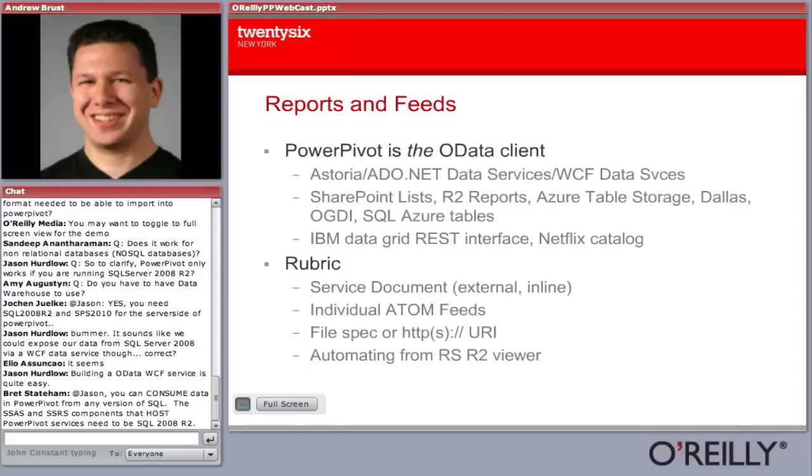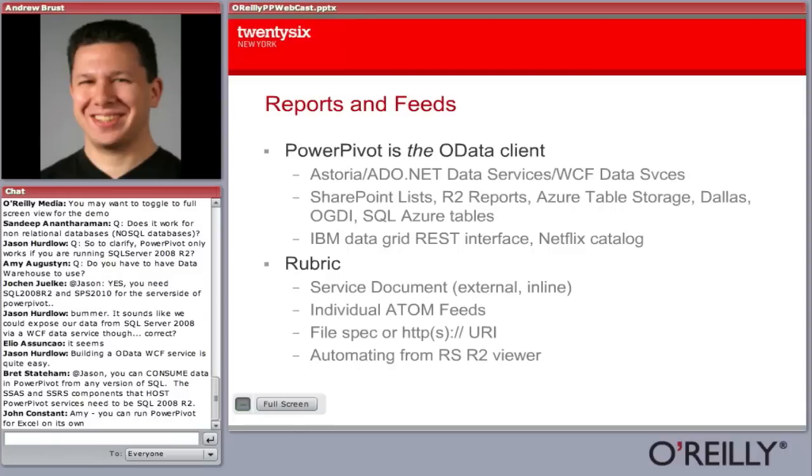I've tried to list here all the Microsoft things that are available in OData form, including SharePoint lists, Reporting Services 2008 R2 reports, Azure table storage, if you know anything about Microsoft's cloud initiative, Dallas, which is a Microsoft cloud data feed publishing platform, something called the Open Government Data Initiative, or OGDI, and the tables inside of the SQL Server version of Azure are available in that format as well.